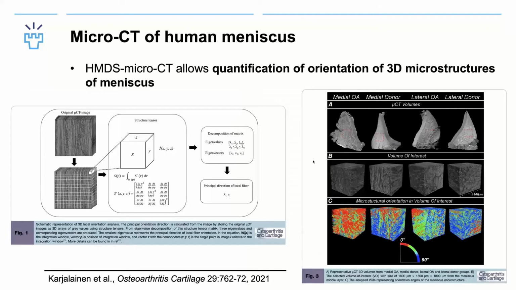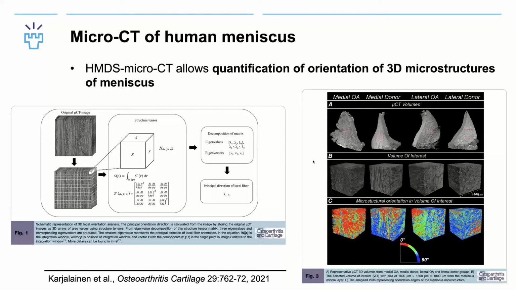And also here, this is a work published just a few months ago. We also wanted to quantify the principal direction of these collagen fibers as a function of different osteoarthritis severity stage.